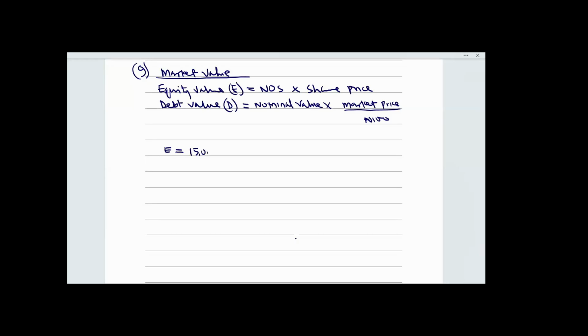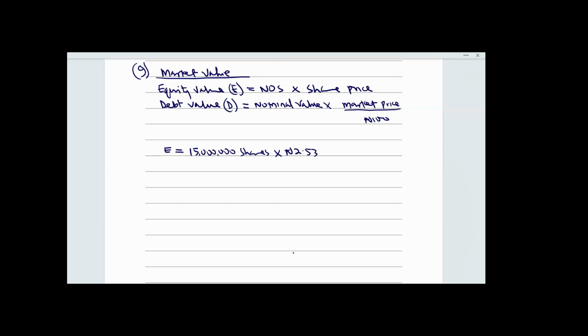15 million shares multiplied by the share price. The share price of Cantona is 2 naira 53 kobo, 2.53.